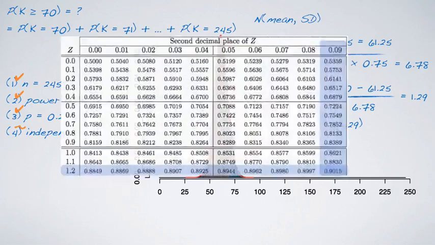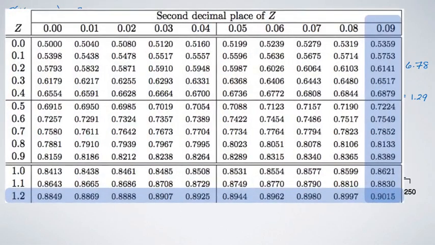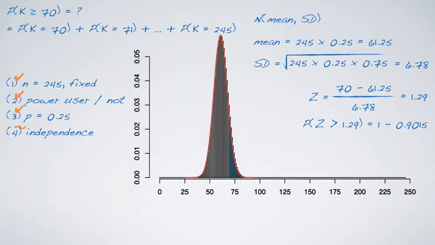So we want to take a look on our table at 1.29 as the z-score, and in the intersection of the row and the column of interest, we can see 0.9015. The probability of obtaining a z-score greater than 1.29 is going to be 1 minus that probability from the table. Why are we doing this 1 minus bit?